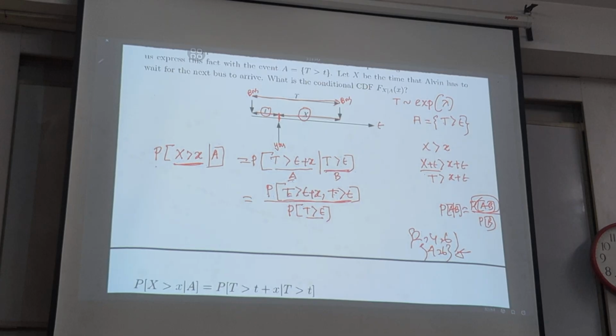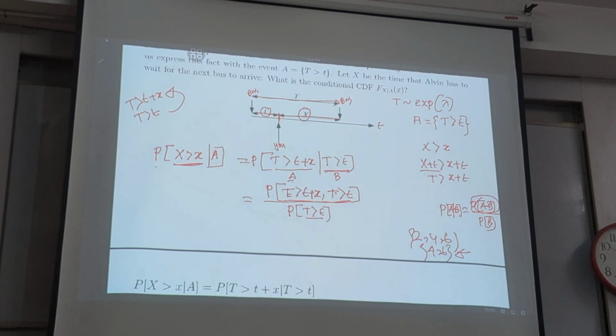Among these two, T is greater than t plus x and T is greater than t, which one is the subset of the other one? T greater than t plus x is a subset of T greater than t. So the second one is a subset of the first one. Agree?